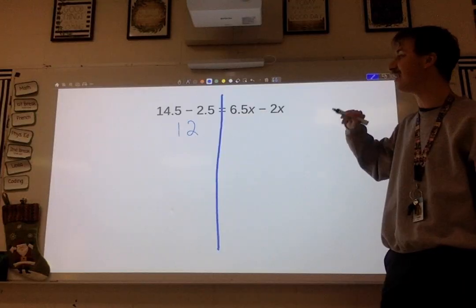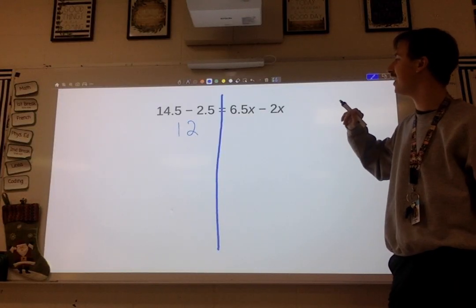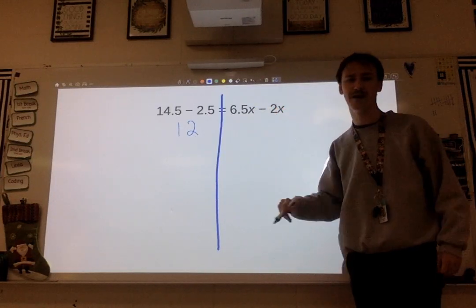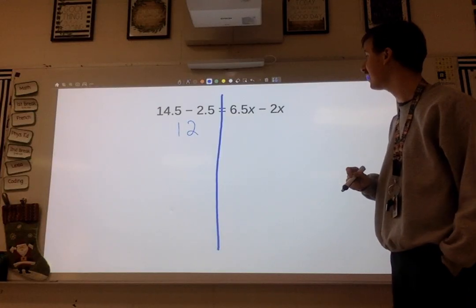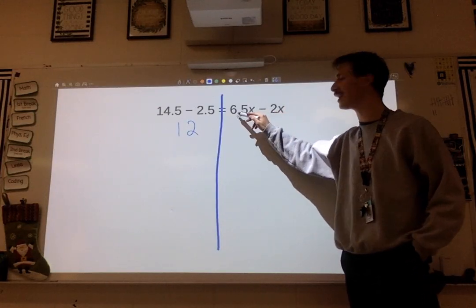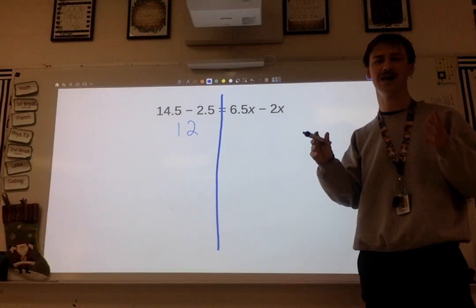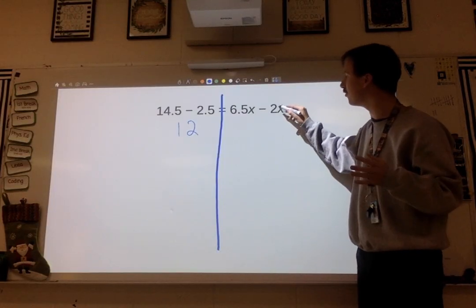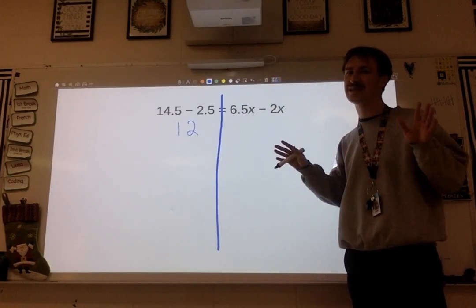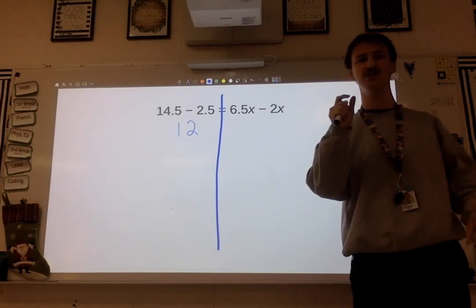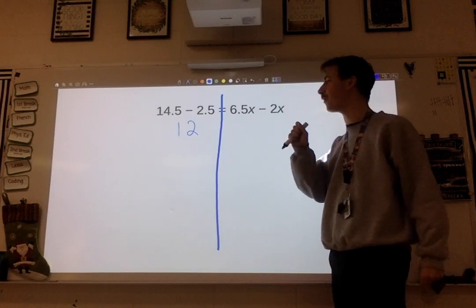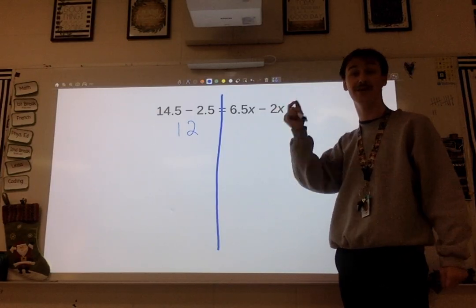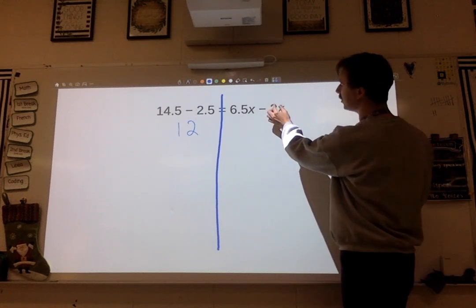On my right-hand side, I have a 6.5 minus a 2. And we're just looking at the numbers in front of it because our variable actually stays the same. It has a lot to do with BEDMAS, our order of operations, that multiplication has to come first. And we're treating it as one unit.